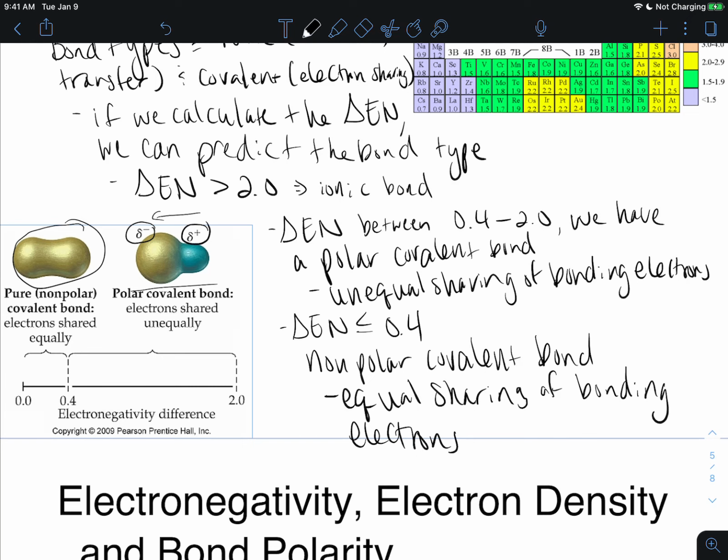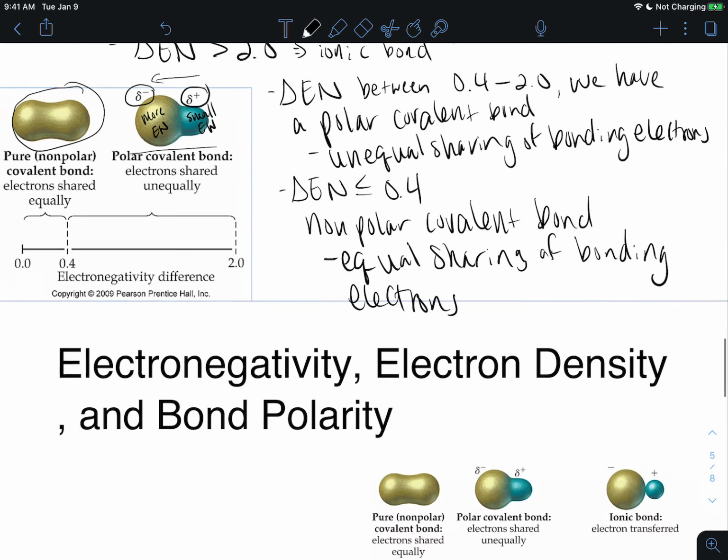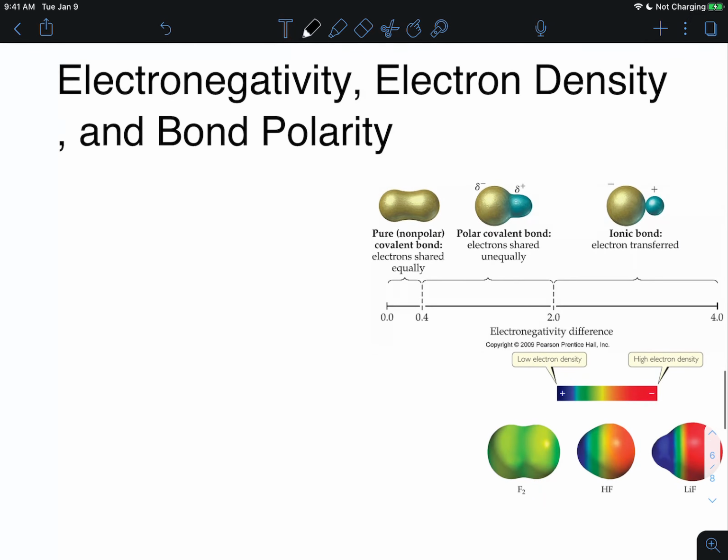We do not get a full charge because we are not transferring electrons. We are just shifting electron density towards the more electronegative atom. So this one would be more electronegative, and this would have a smaller electronegativity. Or we can say that it'd be more electropositive. So using our electronegativity differences, we're looking at how electron density shifts.